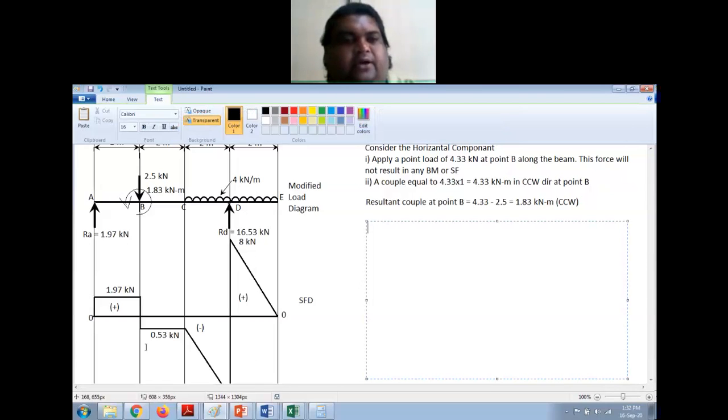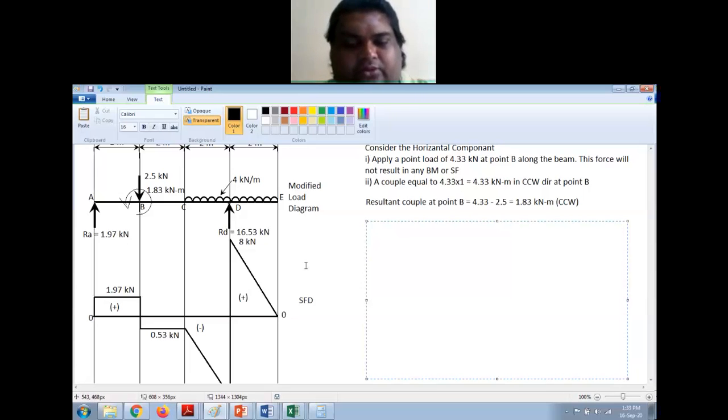Right, now start from the left hand. There are some numericals where the overhanging comes on the right hand side. If you are comfortable with that, you can do it that way also. My suggestion is always to start from the left hand side so that we don't miss anything.